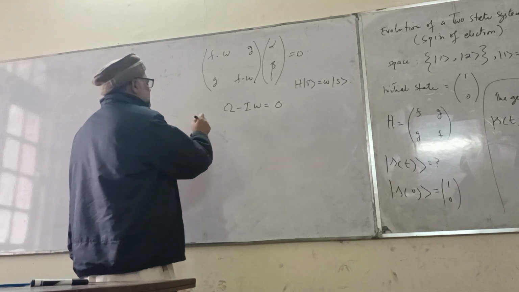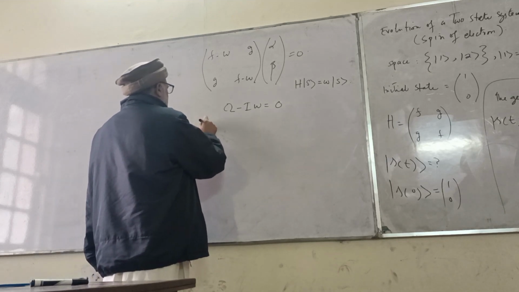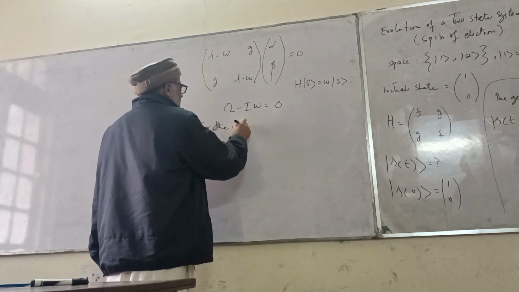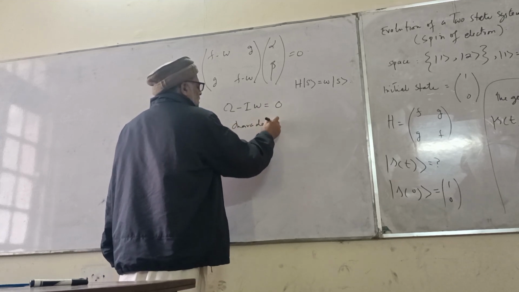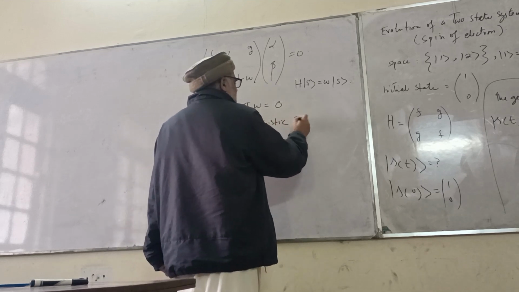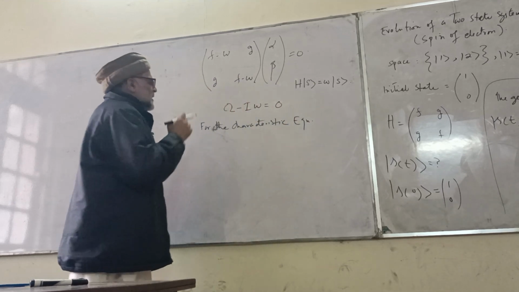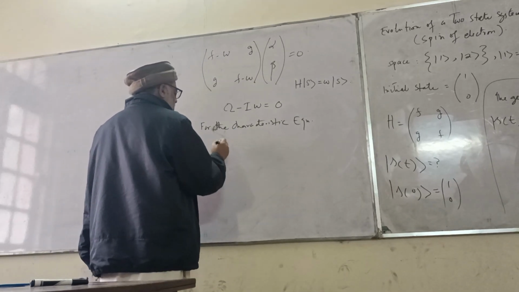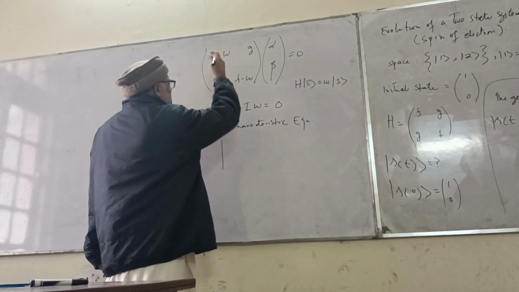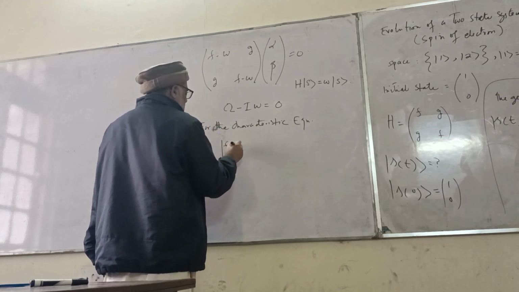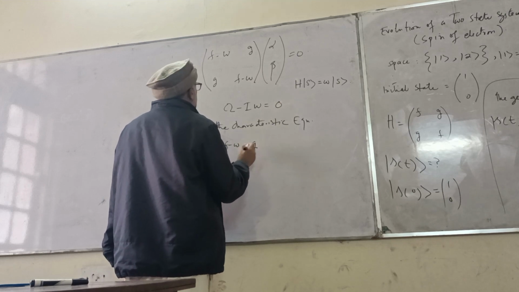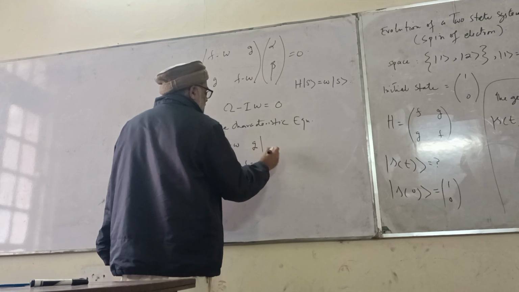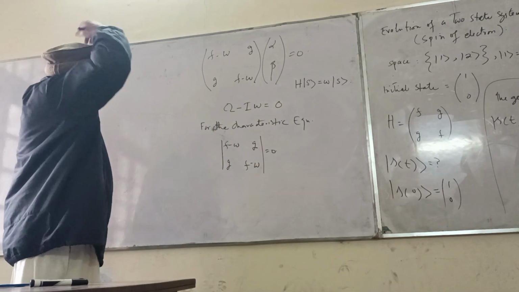Now the determinant for the characteristic equation: we say the determinant of this must be equal to 0. So that will be (f minus omega)(f minus omega) minus g squared, and that should be equal to 0.